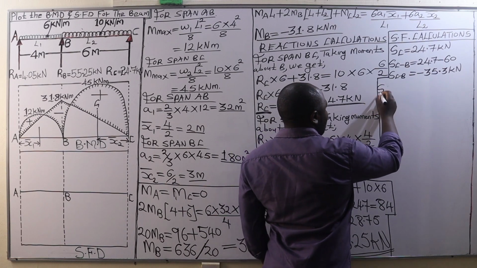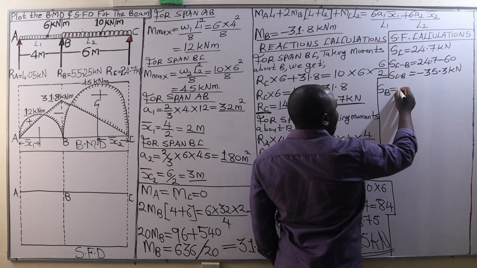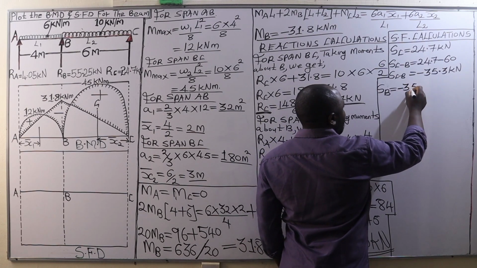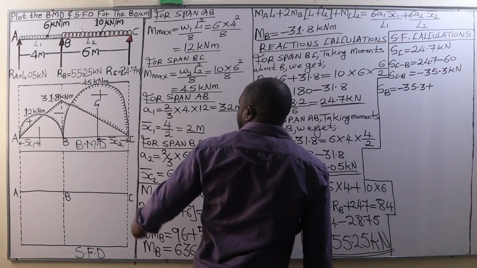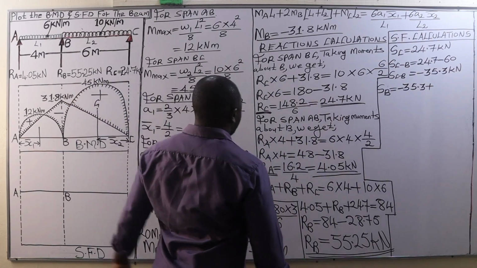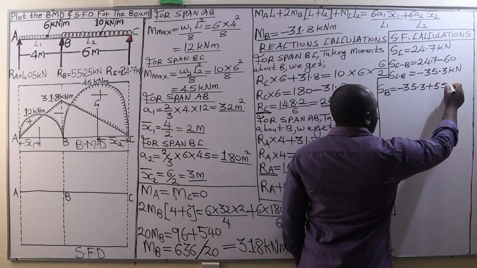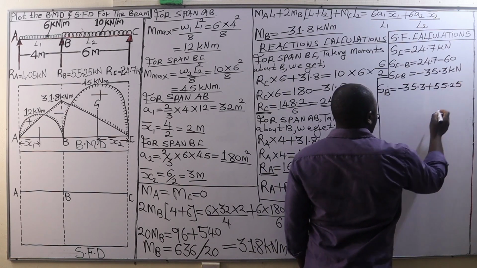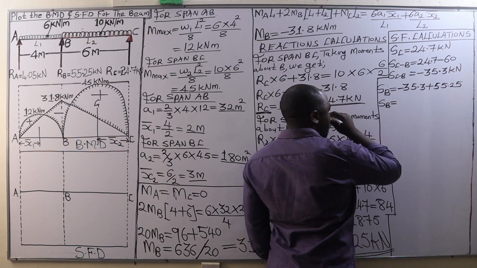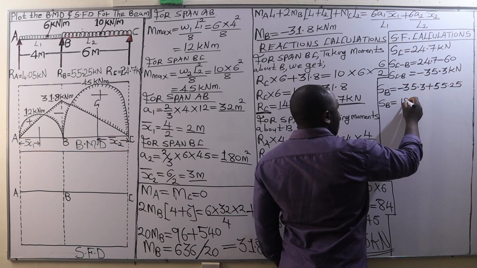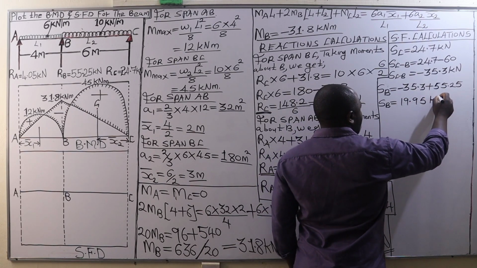Then from there we are going to have the shear force at B, which is going to be this negative 35.3 kilonewtons plus the reaction at B, which is 55.25 kilonewtons. So we add 55.25 kilonewtons, and that is going to give us a shear force of 19.95 kilonewtons.